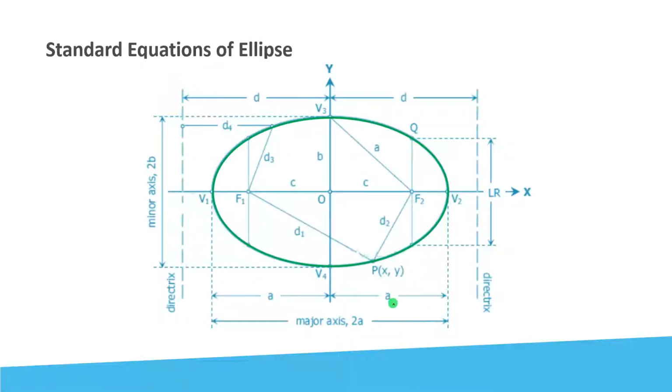Now, we have the foci here. The distance perpendicular to the focus within the ellipse is also called the latus rectum. The directrix is located outside the ellipse, which is right here, perpendicular to the major axis of the ellipse.